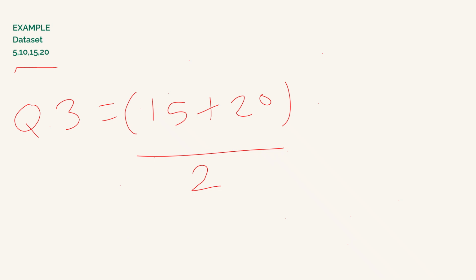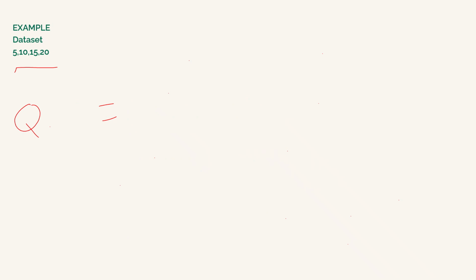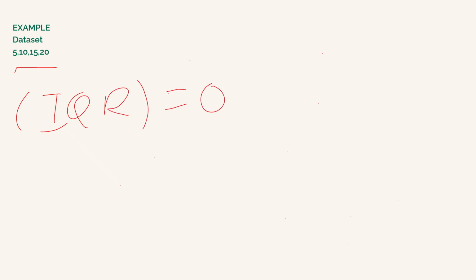Then next we are going to find the interquartile range, that is called the IQR. In this we subtract quartile 1 from quartile 3.